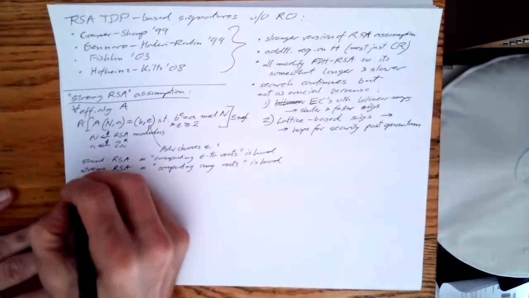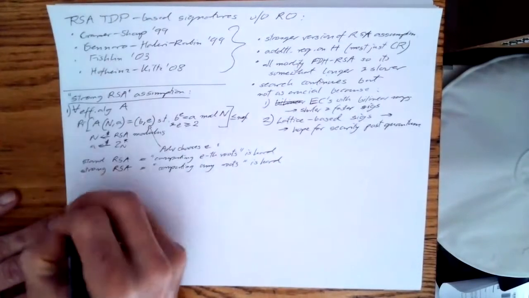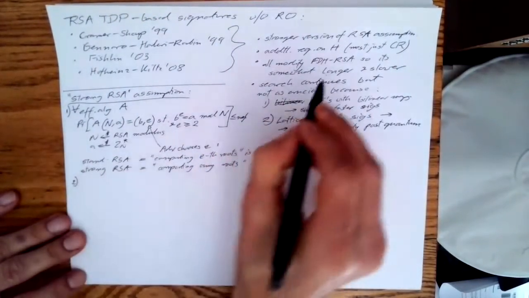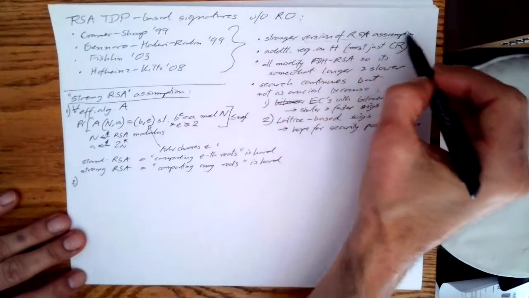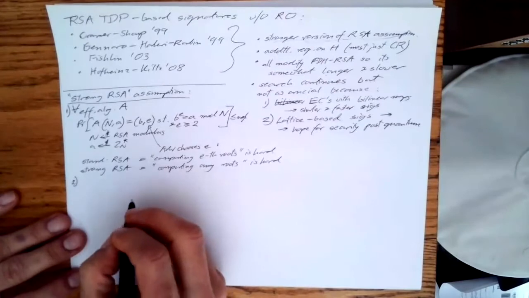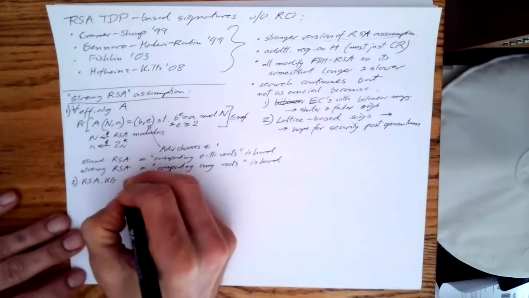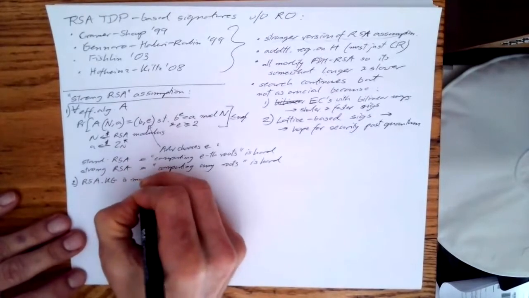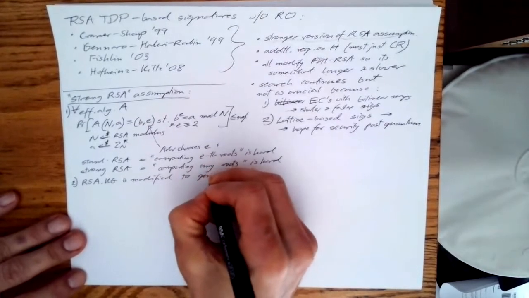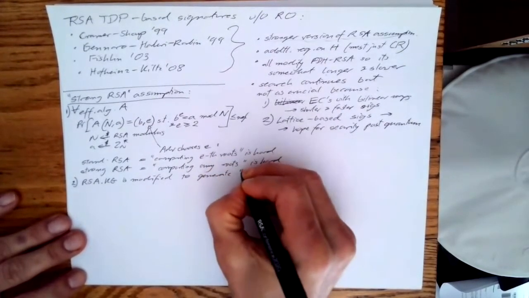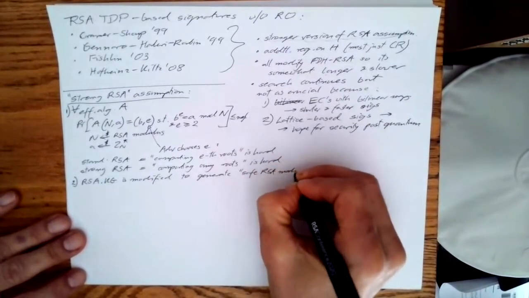Another thing that these schemes do, as part of making a stronger RSA assumption, is that the RSA key generation is modified to generate so-called safe RSA moduli.